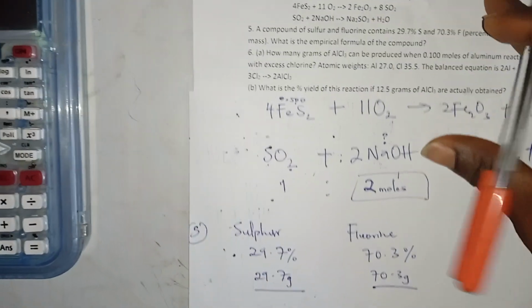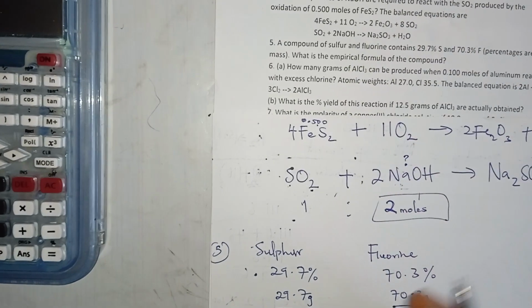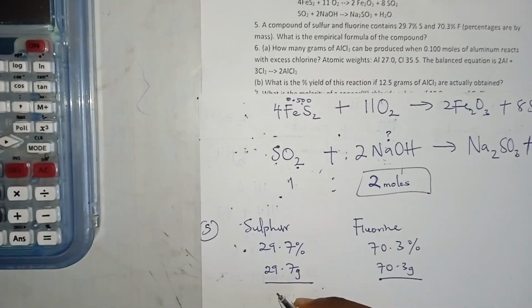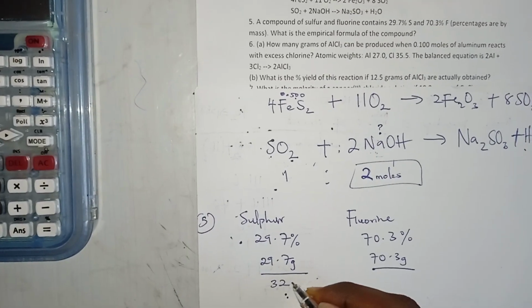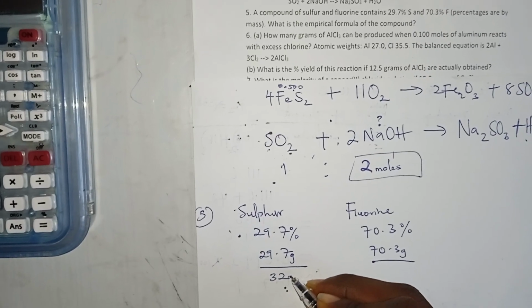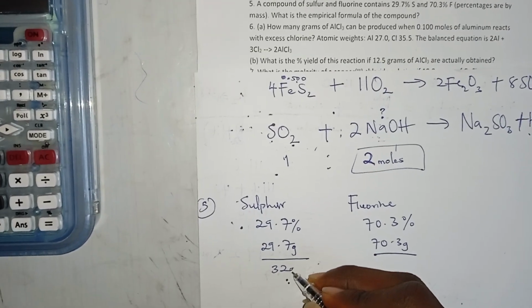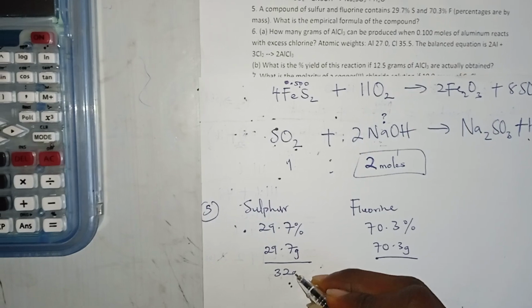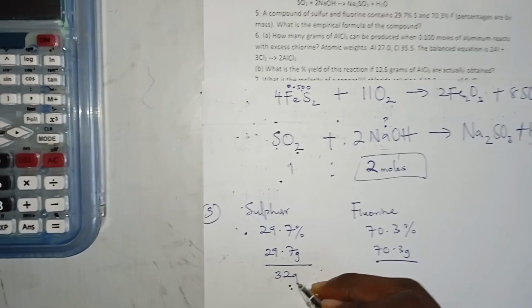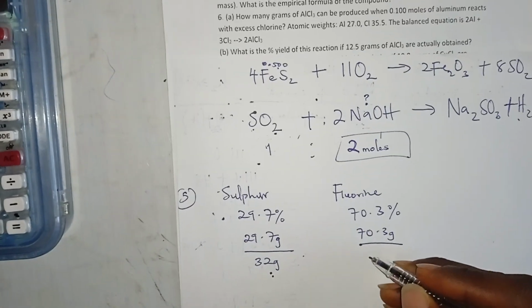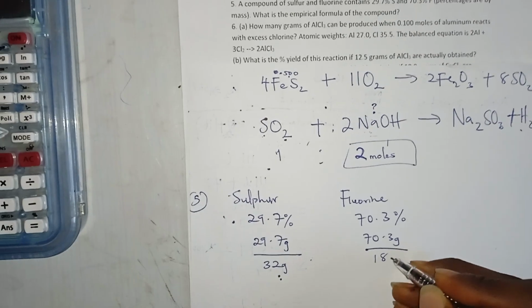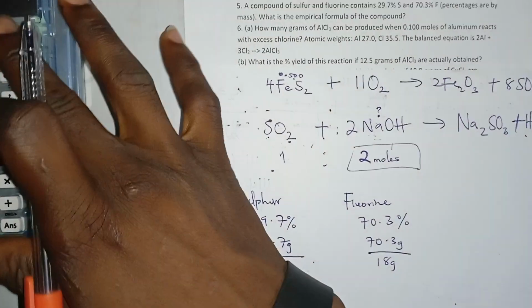The atomic mass of sulfur is around 32 gram per mole, and that of fluorine should be around 18 gram, thereabouts.